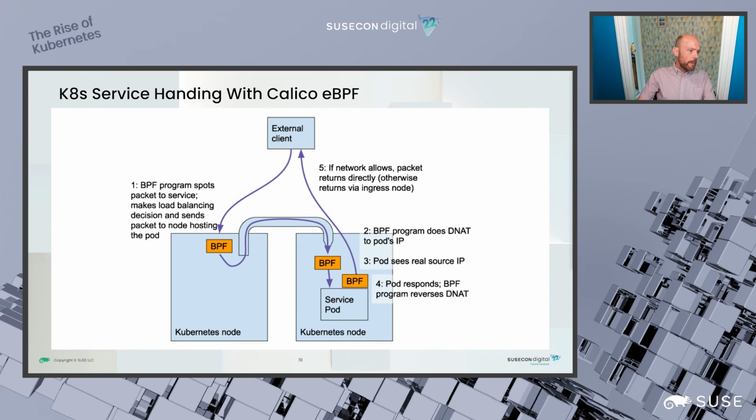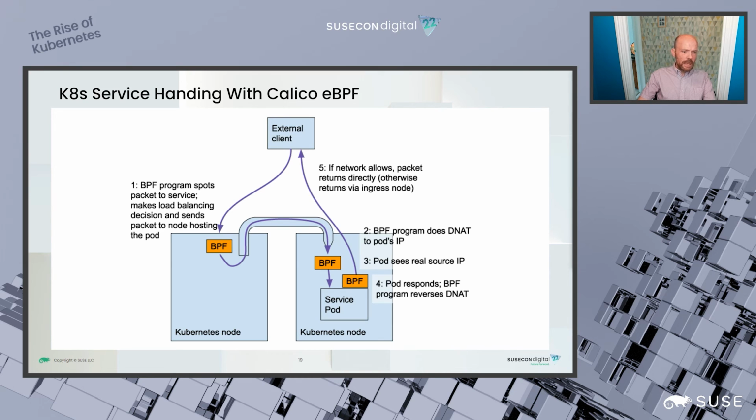So the first step with the eBPF data plane is that the BPF program spots that the packet is destined to a service. It makes a load balancing decision and sends the packet to the node hosting the pod. Notice that there's no mention of network address translation here, and that's because no network address translation occurs on the ingress node.